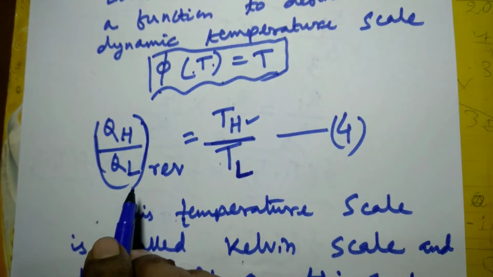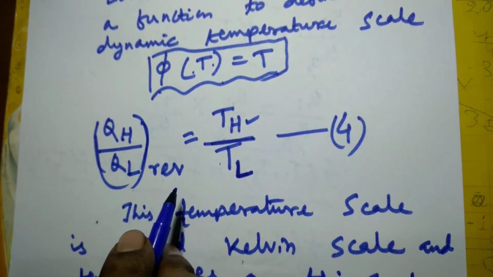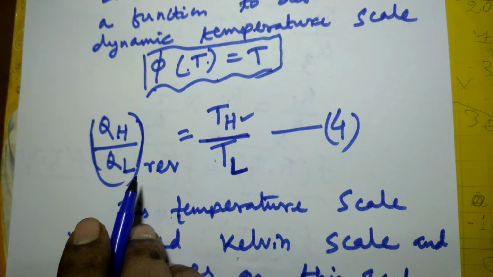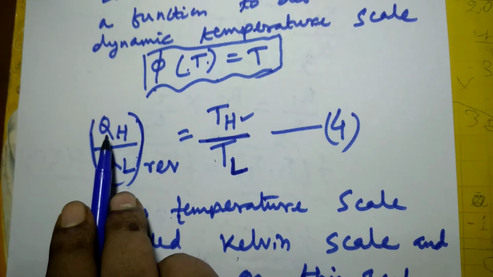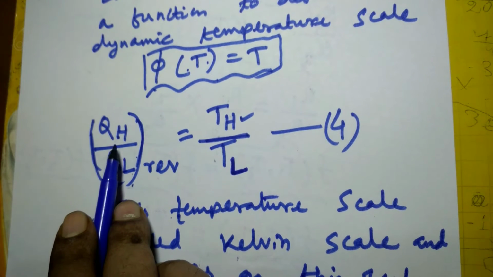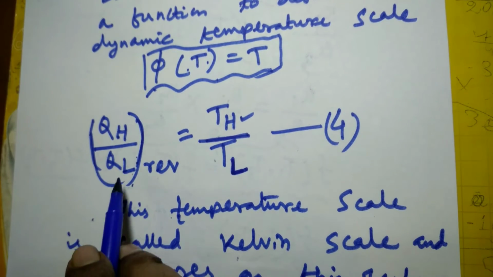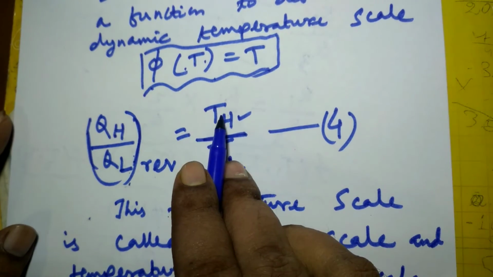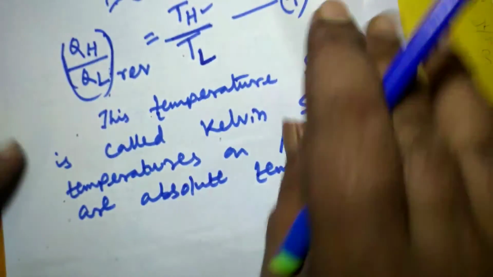But this relation is obtained. But how can we use this for temperature measurement? It simply says that the ratio of heat added from source to a heat engine and heat rejected by heat engine to sink is nothing but ratio of two temperatures expressed in terms of Kelvin.